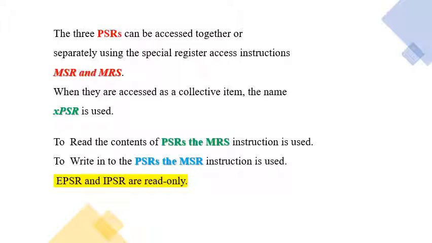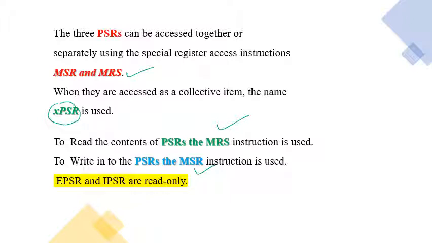The three PSRs can be accessed together or separately using the special register access instructions, again the same MSR and MRS. When you use all three registers together, the name XPSR can be used. As I told earlier, you can use MRS for read operation and MSR for write operation.